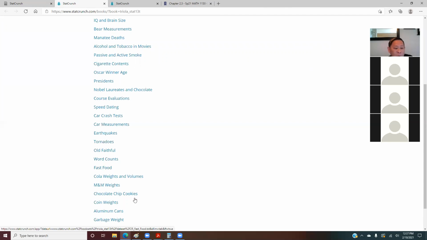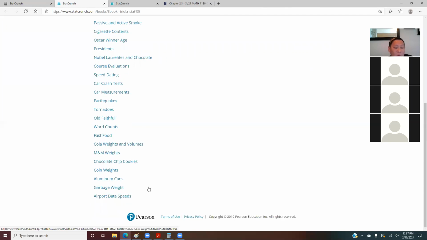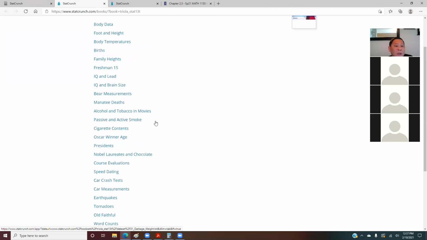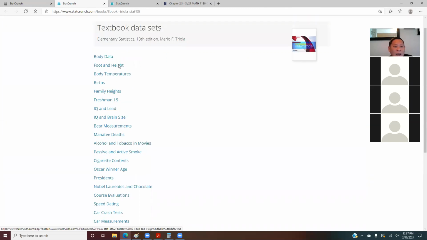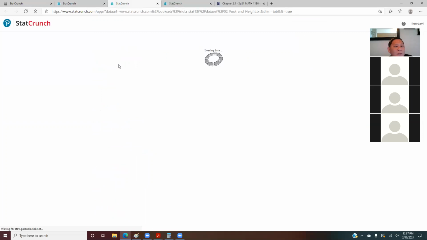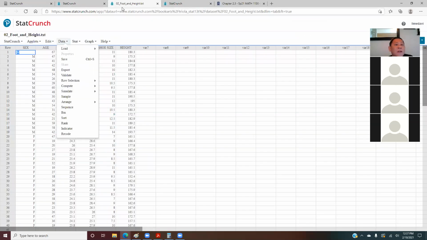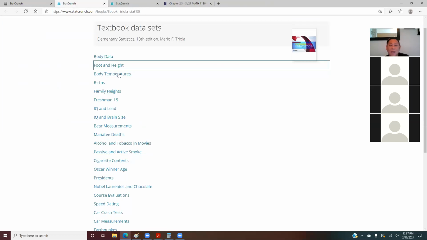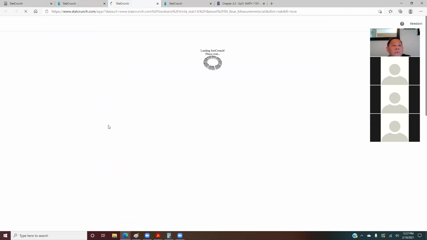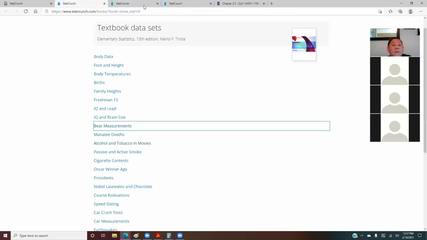I will tell you which data set you need to use so you know in the task which one to use. I think foot and height is the one. Is it the bears one? No. Maybe shoe size. The bear measurement, that's the bear one.